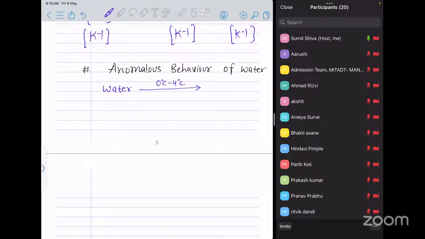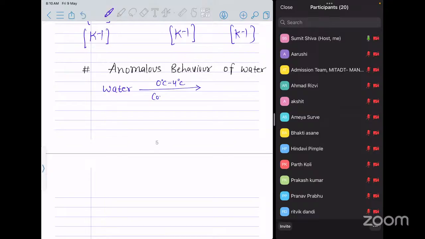But in case of water, this is opposite. If you are heating the water and the temperature is changing between 0 to 4, in that case, instead of expansion, there will be contraction in the water.